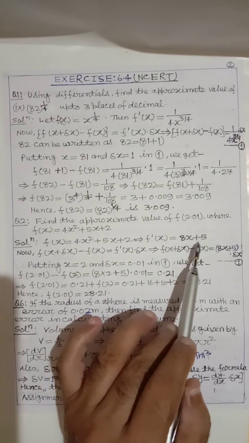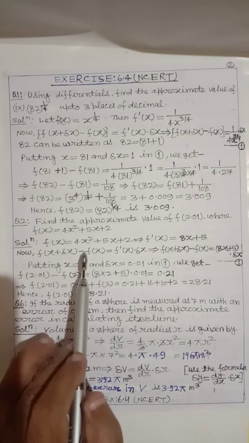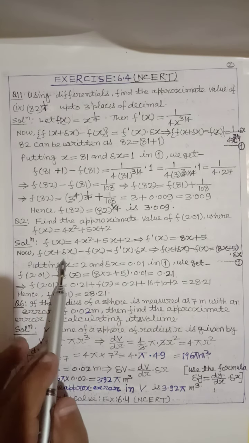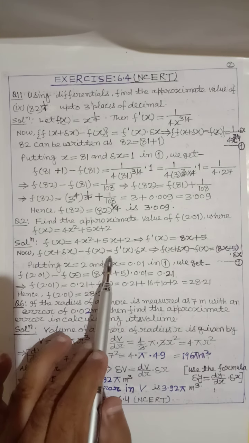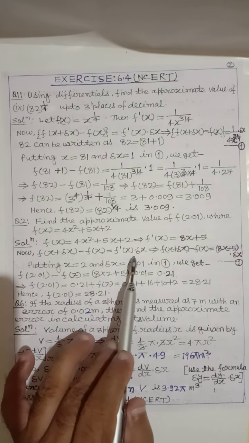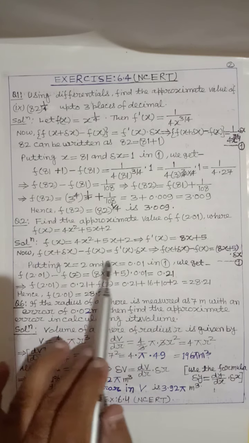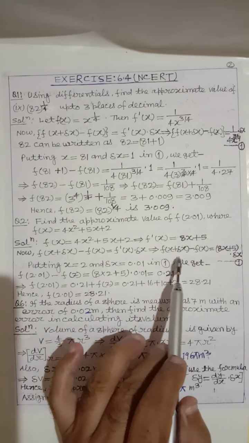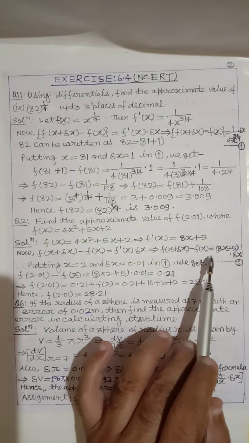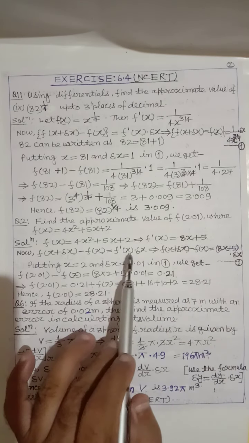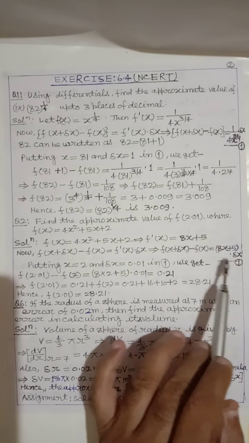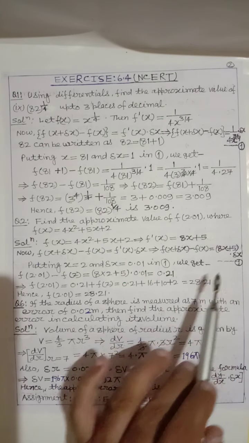We get 8x plus 5 from this, and already we know that f of x plus del x minus f x equals f dash x into del x, and this implies that f of x plus del x minus f x equals f dash x, here 8x plus 5 into del x. This is taken as 1.